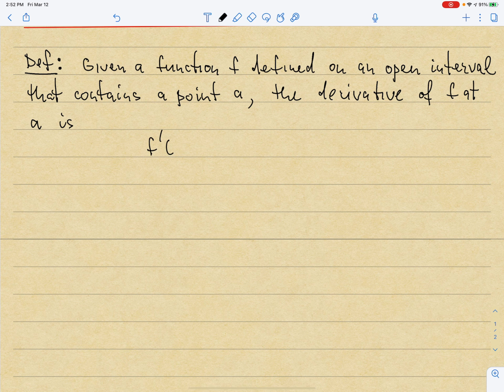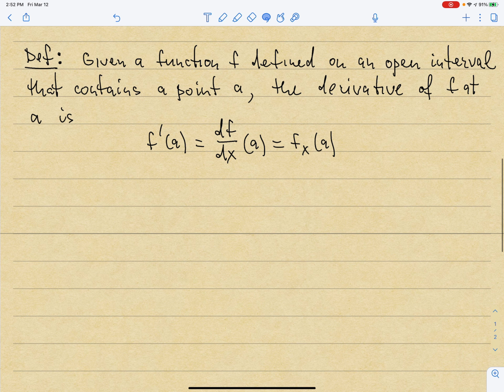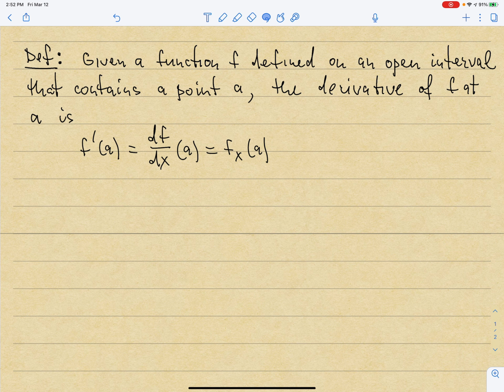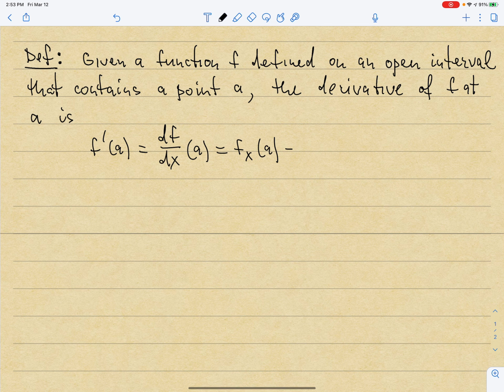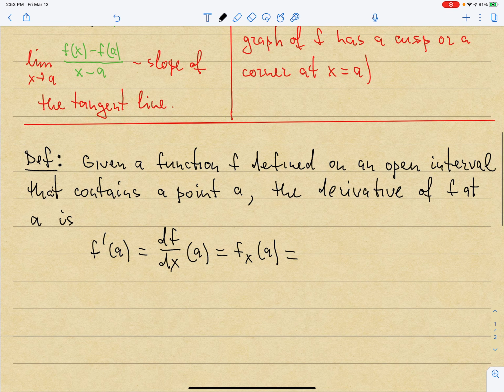f prime of a, or also df dx at a, or also we use a different notation, f_x of a. There's some other notations that I'm not going to list here. So all of these things, this is a derivative of f at a, and it is defined as a slope of a tangent line.